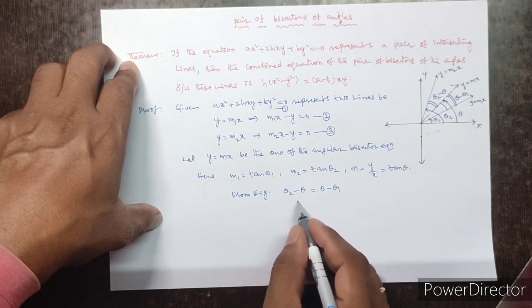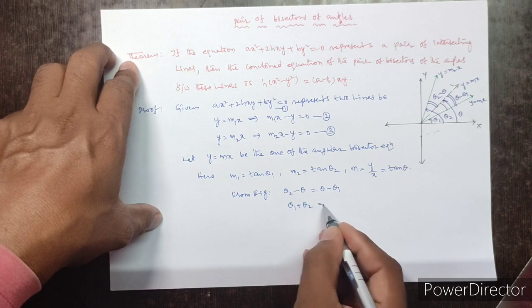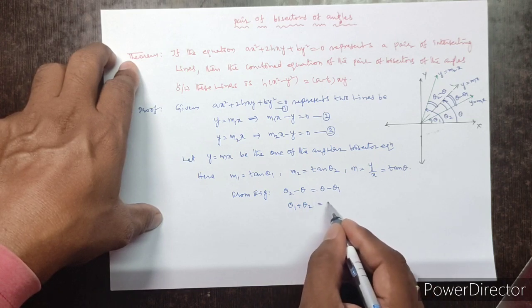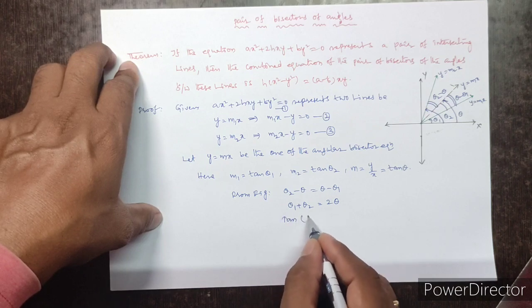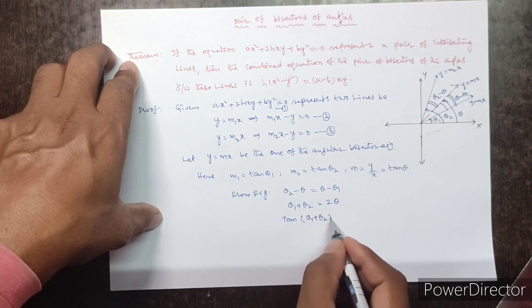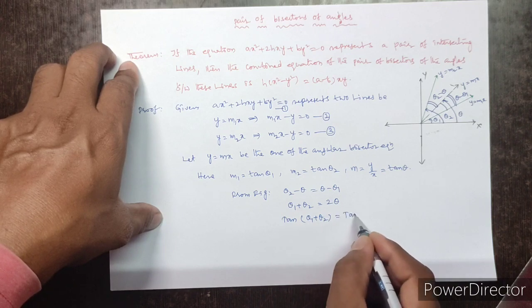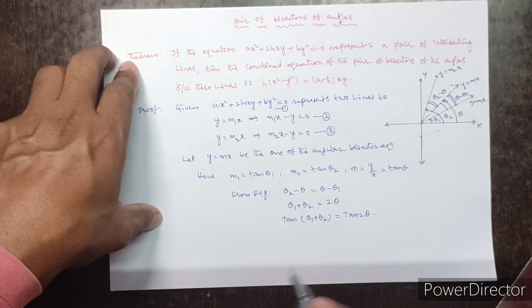Taking theta 1 to this side, we get theta 1 plus theta 2 equal to theta plus theta, which is 2 theta. Apply tan both sides, tan of theta 1 plus theta 2 equal to tan 2 theta.